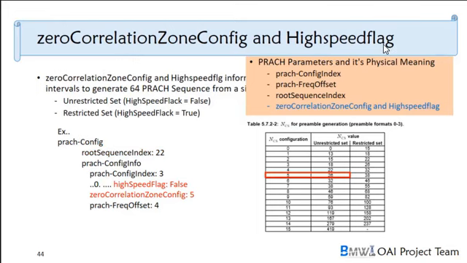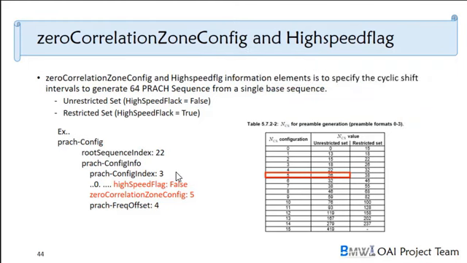The zeroCorrelationZoneConfig and highSpeedFlag specify the cyclic shift interval to generate 64 PRACH sequences from the single base sequence. You can see the example is it chooses 5 and 1, and the Ncs value will be 26.